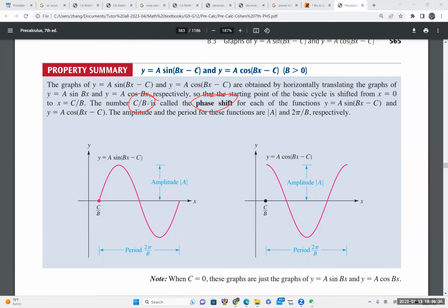So do you think phase shift is always positive or can it be negative? I think it could be negative, I guess. Yeah, because if C and B have different signs, then it's negative.